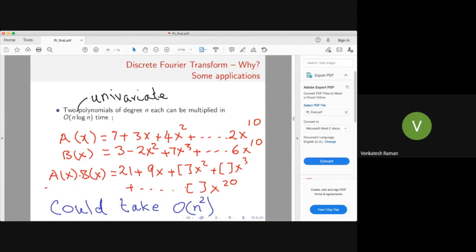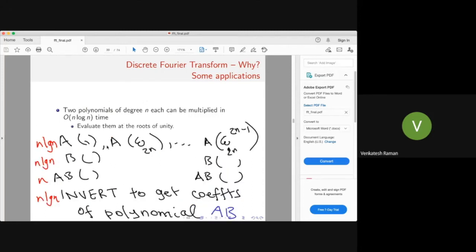But what I'm claiming here is that using this discrete Fourier transform, you can actually multiply two univariate polynomials in n log n time. How do I do that? Here it is. I evaluate this polynomial A on 2n roots of unity, and I told you using the discrete transform how to do it in n log n time. When I write this n log n, I'm hiding the constant; these are like 2n log n or 3n log n.